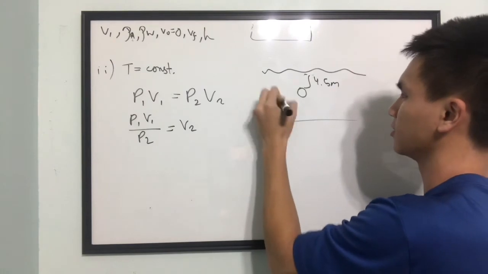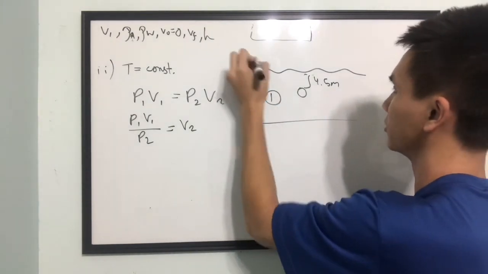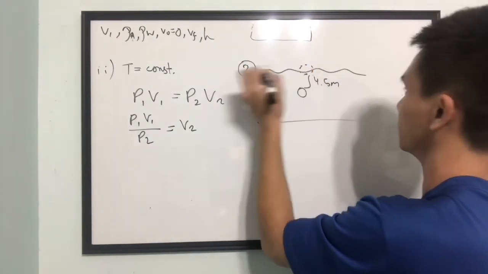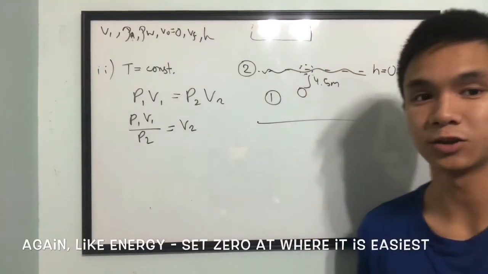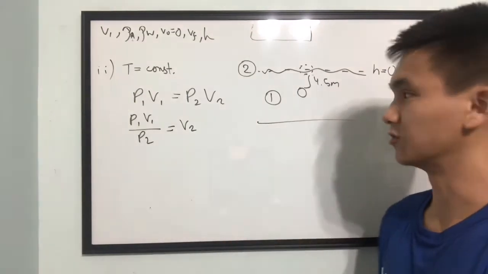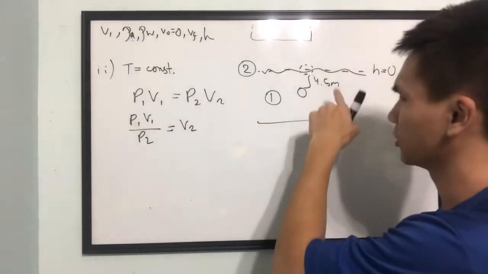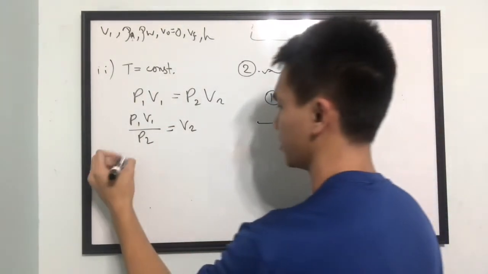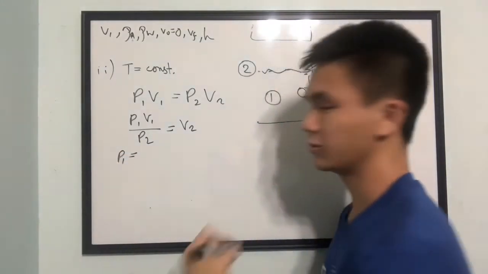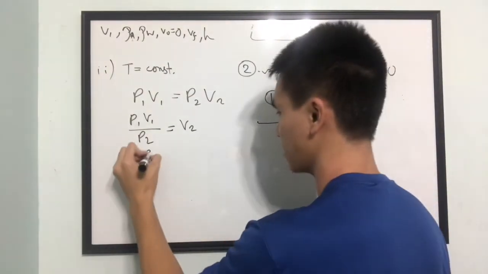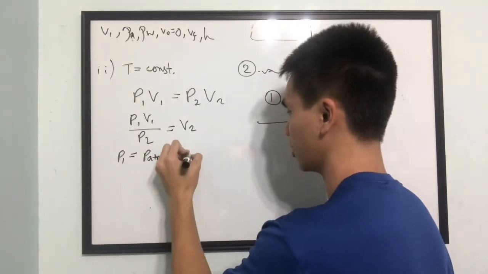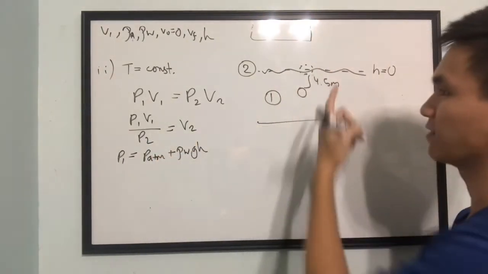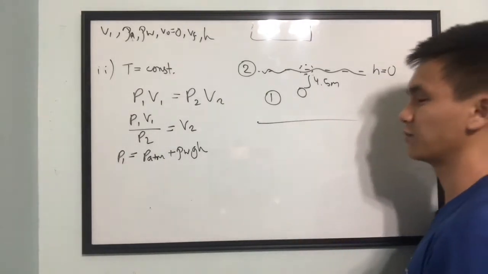This is part one, and then part two is where it's up here, where there's zero height, right? Since I said for pressure, we typically set our zero height at the surface of the water. So P1, we said absolute pressure, so pressure of the atmosphere plus the gauge, which is rho of the fluid, water, g h. And we have the h, that is 4.5 meters.